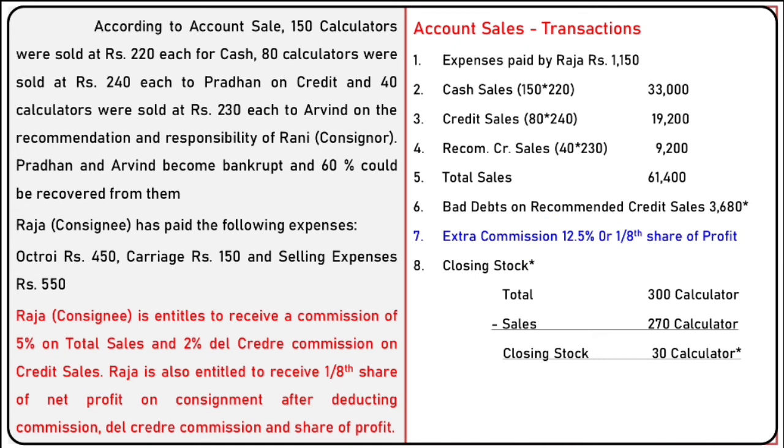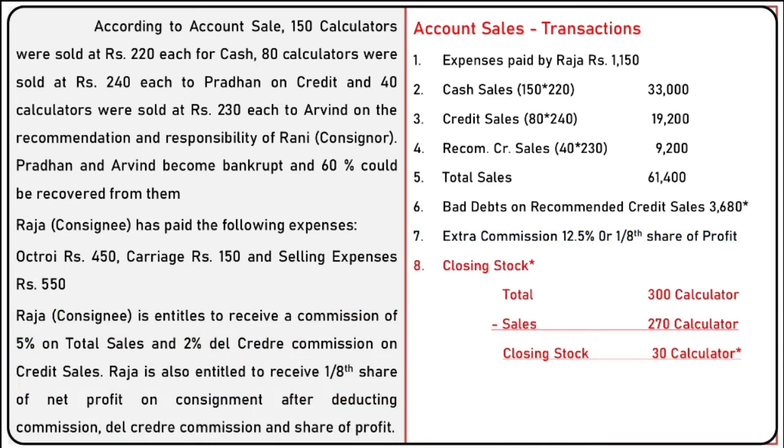Clear? તો હવે આપણે કરવાનું શું છે, આ કેલ્ક્યુલેશન આપણે પરસેન્ટેજ બેસિસ પર કરીશું. Now we have closing stock, total 300 calculators, sales 270 calculators. So closing stock is 30 calculators. Done everyone?